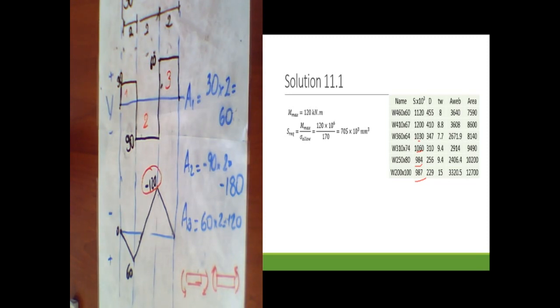I want, but I remember that I said to find the optimum section. Due to economy, we choose the lightest sections. How can we find it? Will we choose this one? No, because we consider the weight, and the property related to weight is area. Section area is related to weight.